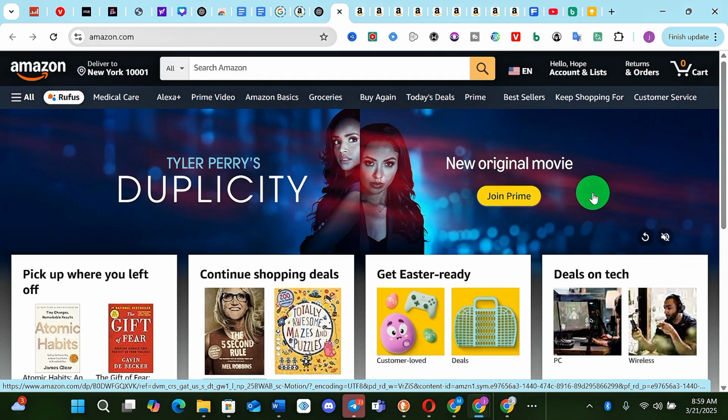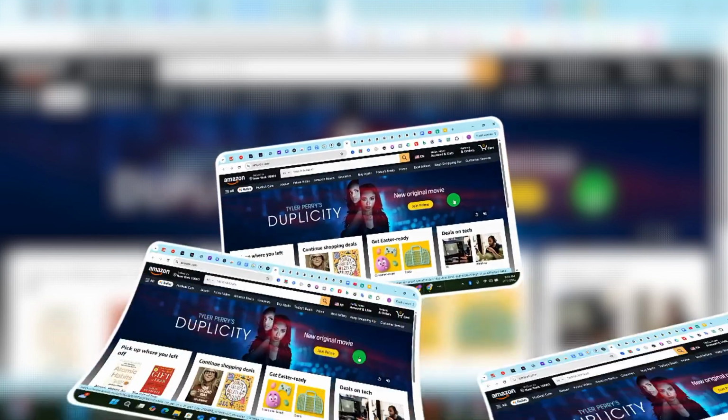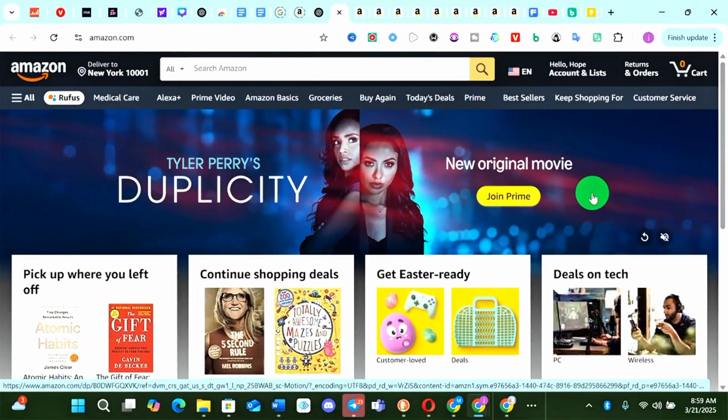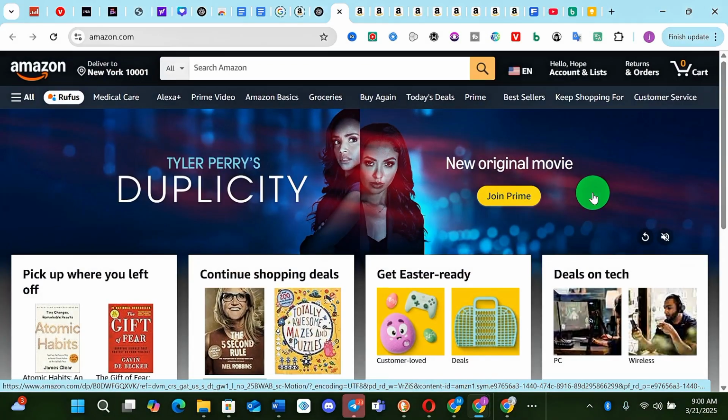If you are creating A plus content on Amazon.com, you will also create A plus content on the other marketplaces that you want to translate your book to. So if people see how beautiful your book is on Amazon.com, they will go to the German market, Amazon DE, and also see that your book has all you just need to do.